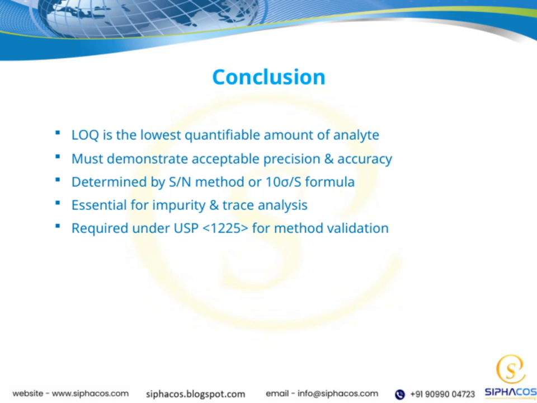It's a key part of method validation, particularly under the USP 1225 guidelines, which set the standards for ensuring our analytical methods are reliable and fit for purpose. So, in essence, mastering LOQ helps us confidently measure even the tiniest quantities, which is vital for quality control and regulatory compliance in our work.